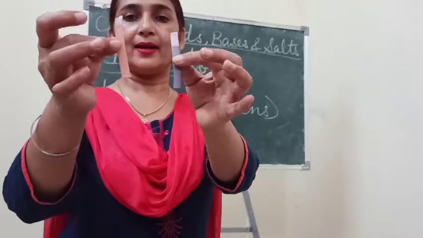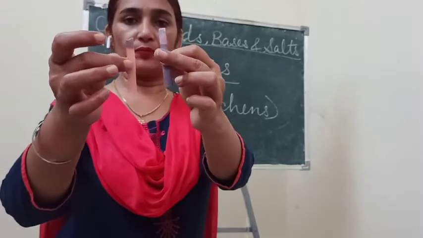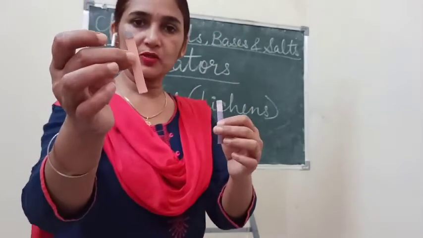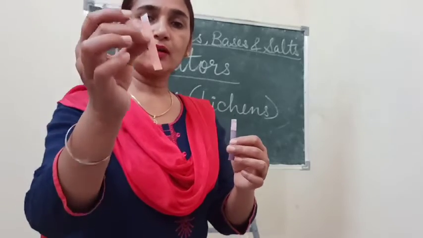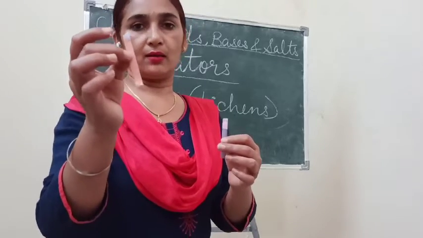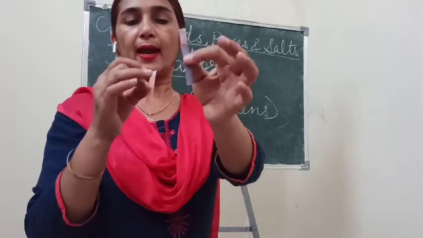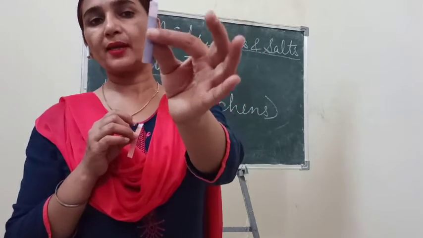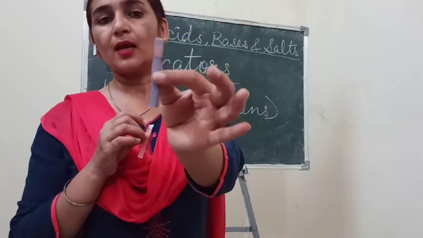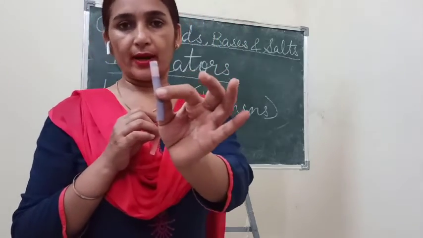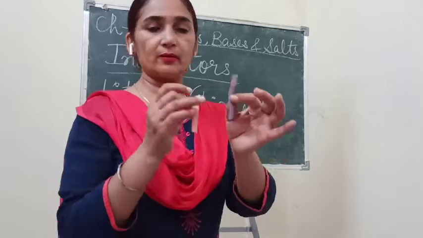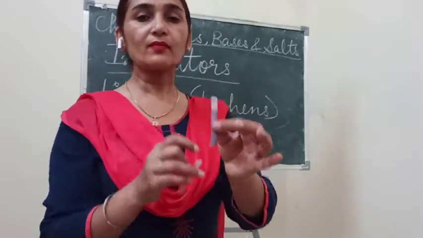It is red and its tip is blue, because it was previously blue litmus paper which I used in vinegar, meaning in acid, so it changes color from blue to red, and this one we used in base, so it changes from red to blue.